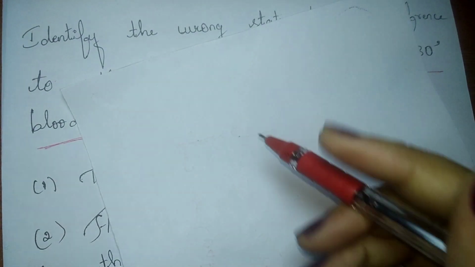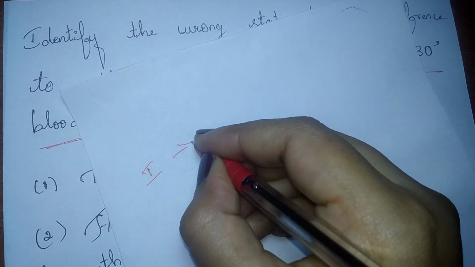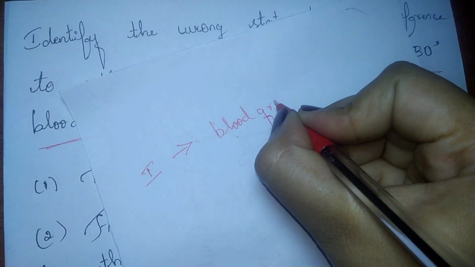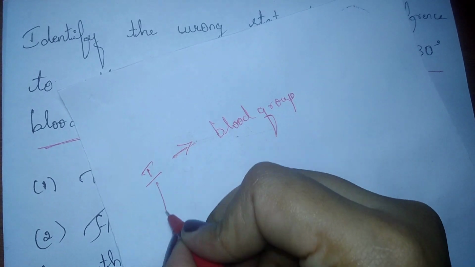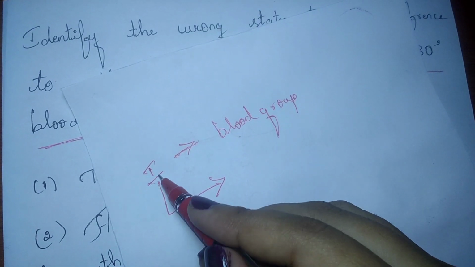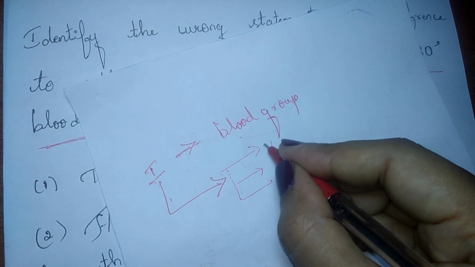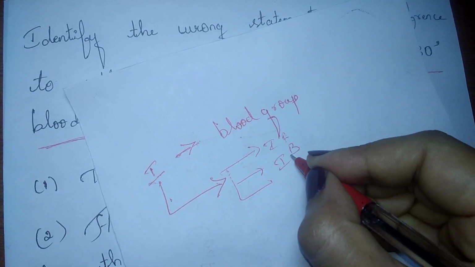As we know, this gene I controls the blood group in humans. In addition to this, we know this I gene has three alleles. They are IA, IB and small i.